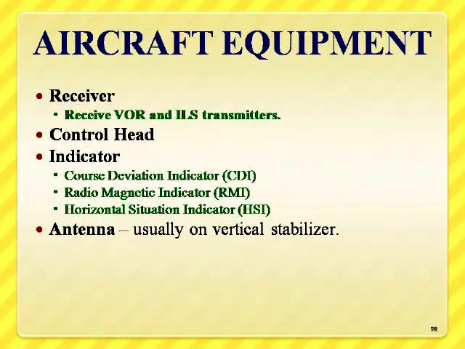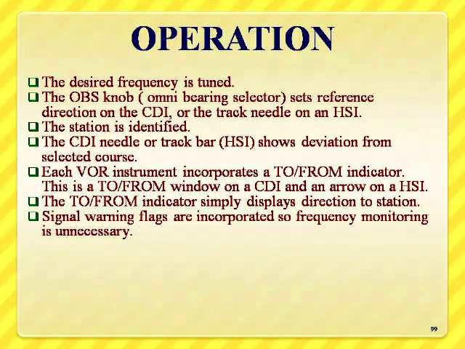What are the things in the receiver? The receiver will have VOR and ILS case, and the indicator will be course deviation indicator, radio magnetic indicator and horizontal situation indicator, and the antenna is usually on a vertical stabilizer. What is the operation? The desired frequency is tuned.